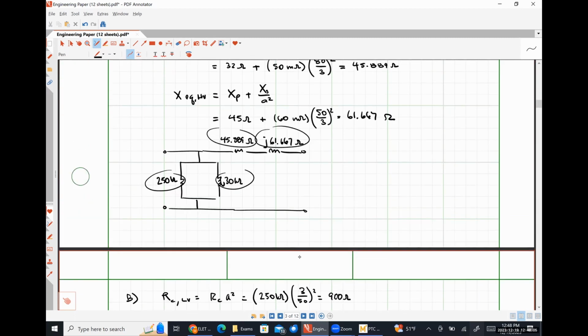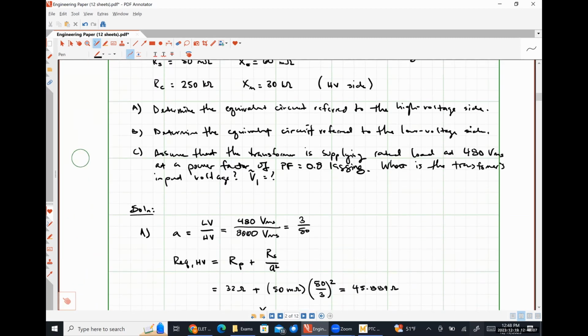So now let's figure out part C. Let's scroll back up here so we can see what it is. We are told to assume that the transformer is supplying rated load at 480 volts RMS at a power factor of 0.8 lagging, and we want to figure out what our transformer's input voltage is.